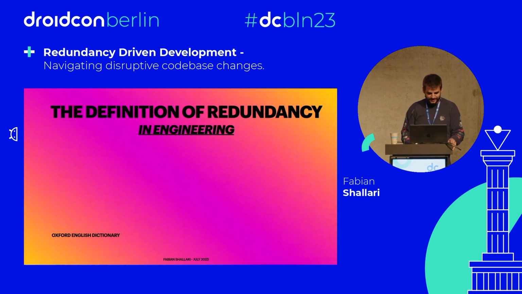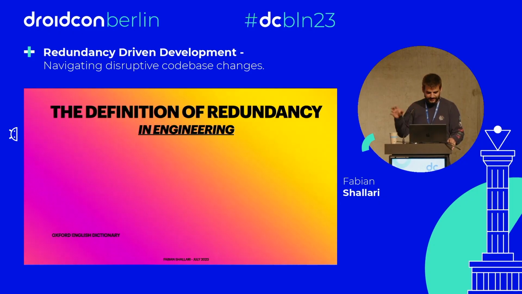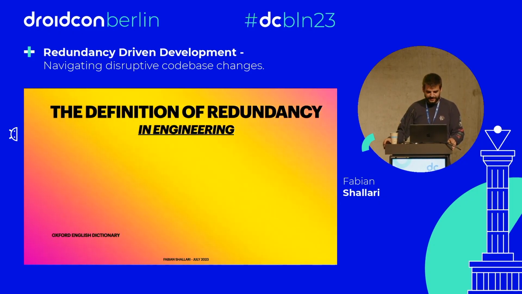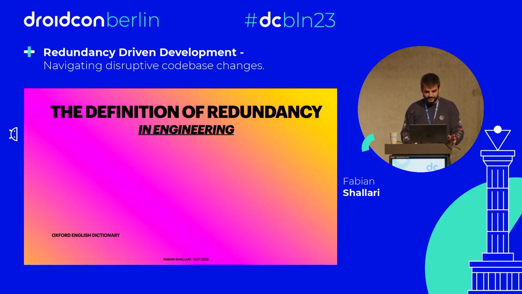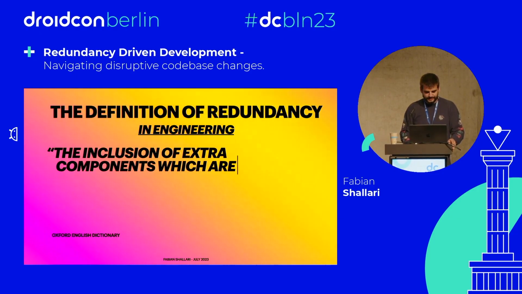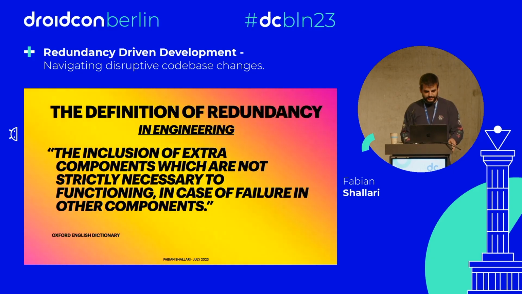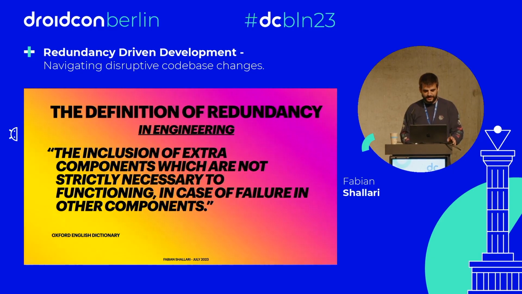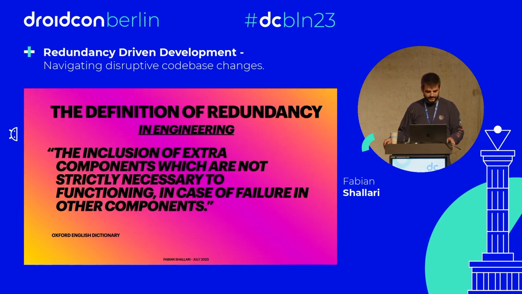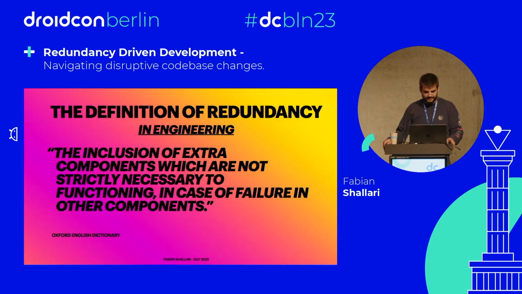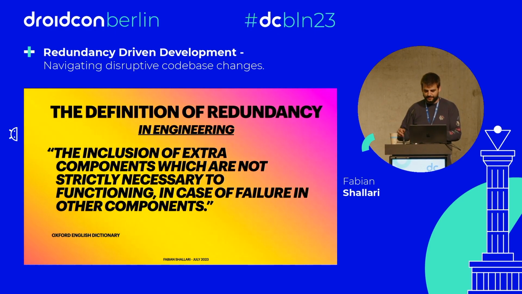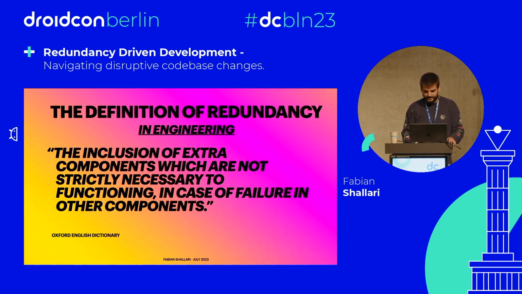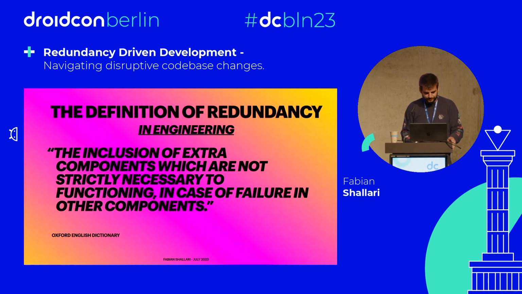Well, as it turns out, English, unlike German, for example, is a very flexible language, and words actually have different meanings depending on the context that you use them. So in engineering, redundancy means the inclusion of extra components which are not strictly necessary to functioning in case of failure in other components. So in layman terms, that means there is extra stuff in a software system which is there in case your main stuff fails to work.